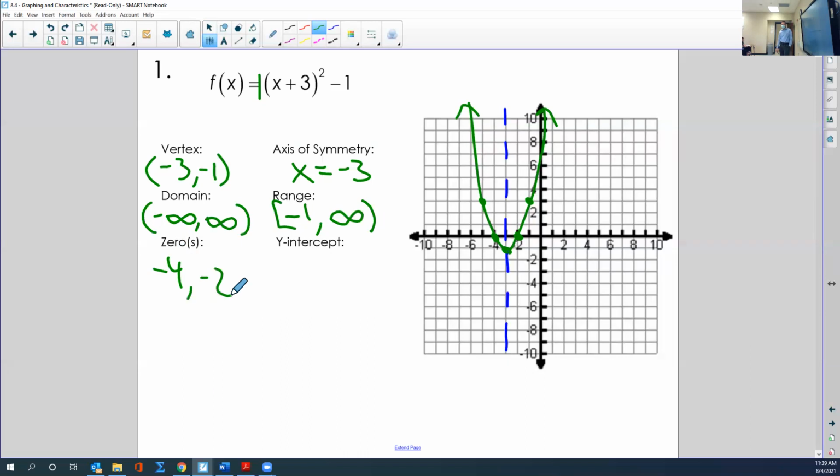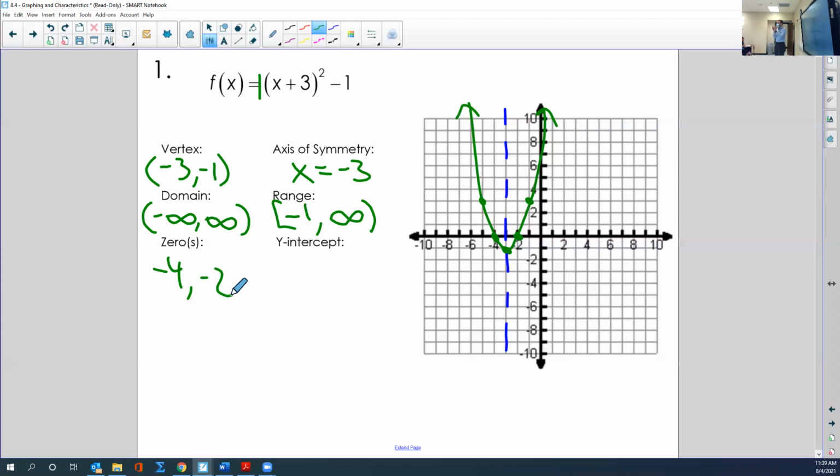Now, can we find our y-intercept pretty easily? How so? I didn't really pay attention to it when I was graphing it. So you could, by using what we just talked about a second ago, there's 2 ways to do it.